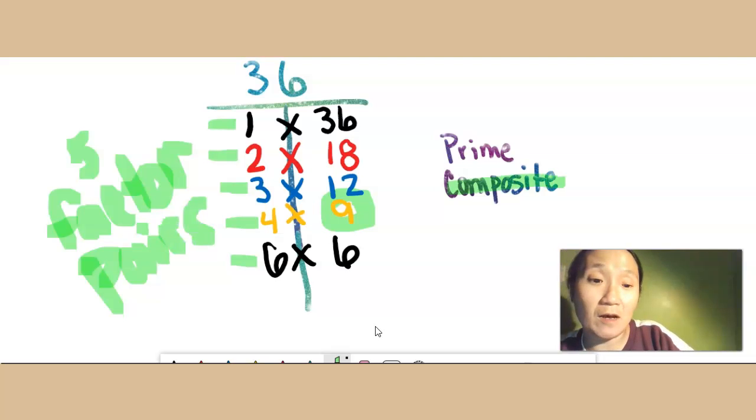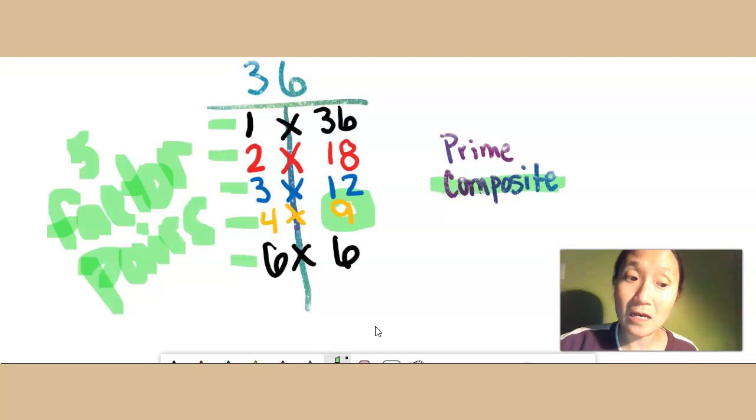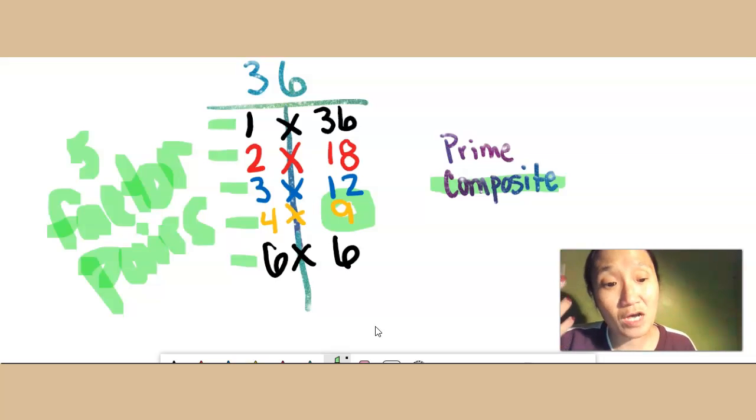And this makes it composite because there are more than one factor pair. If it was only 1 times 36, it would be prime. But it has more than 2 factor pairs. So it's going to be composite.